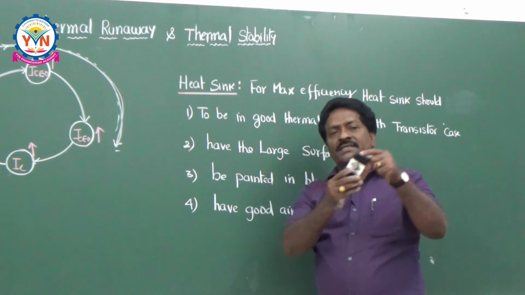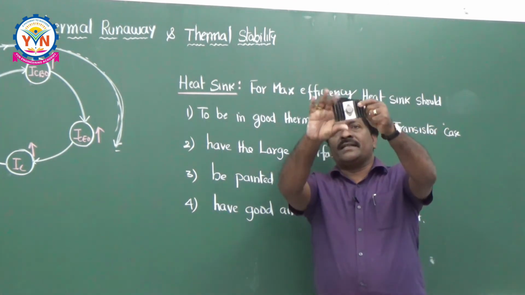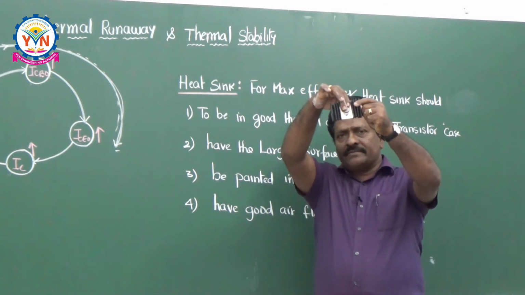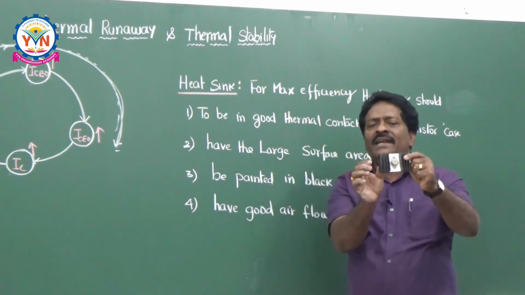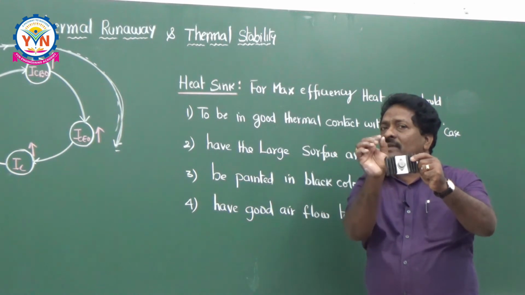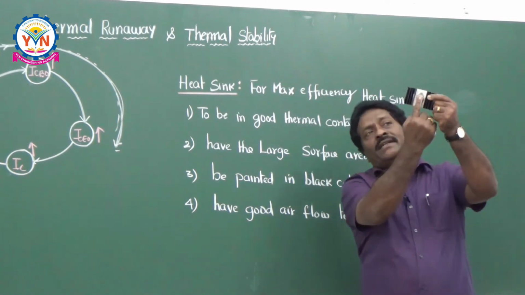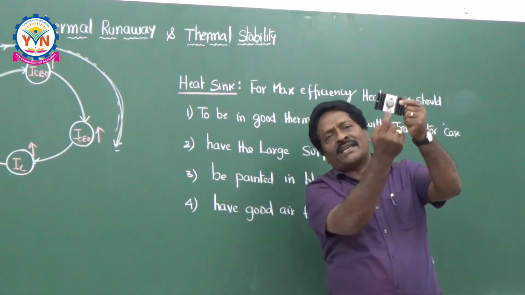So, this is the transistor, and it is the case we are using. It should have perfect thermal contact, because then the heat that is liberated at the collector will be transferred by conduction. Whatever heat is developed at this collector should be transferred to this heat sink through conduction.